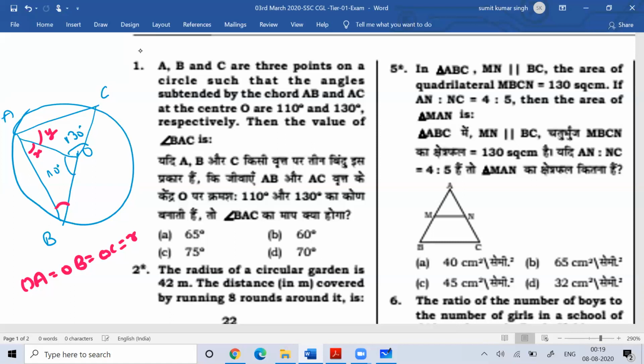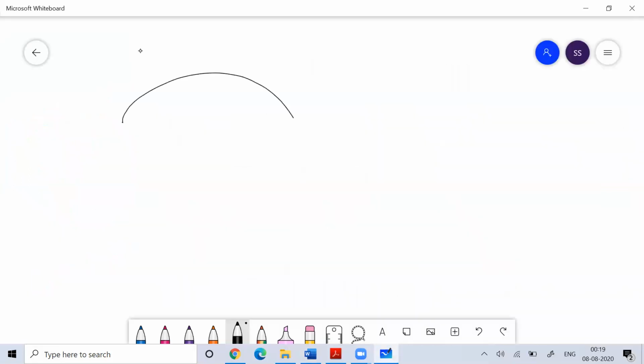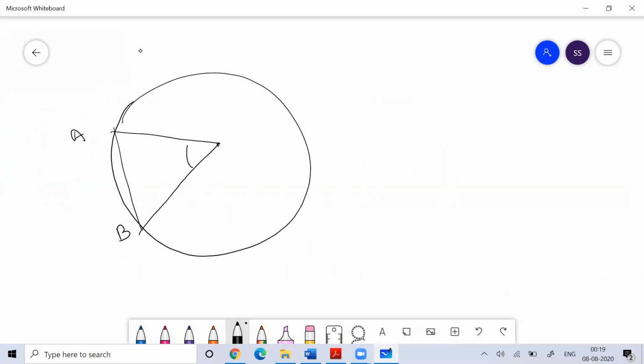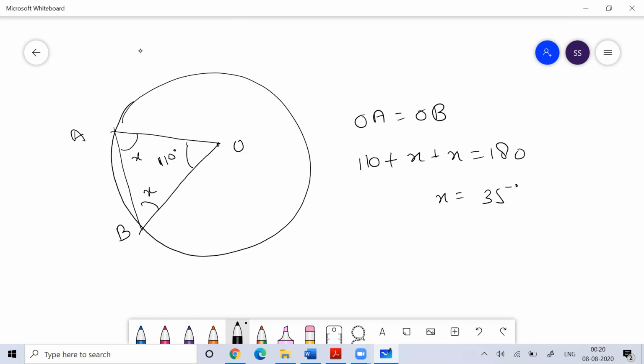This angle is 110 degrees, and these two angles are X. OA is equal to OB because they are radii, so these two angles will be equal. You know that the total angle in a triangle is 180 degrees. With this, the value of X is 35 degrees.